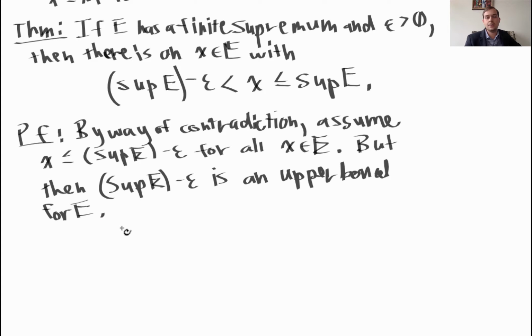Since it's an upper bound, then by definition of the sup of E, we have to have that sup E is less than or equal to sup of E minus epsilon.